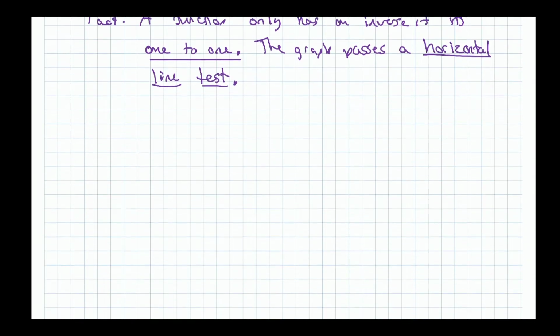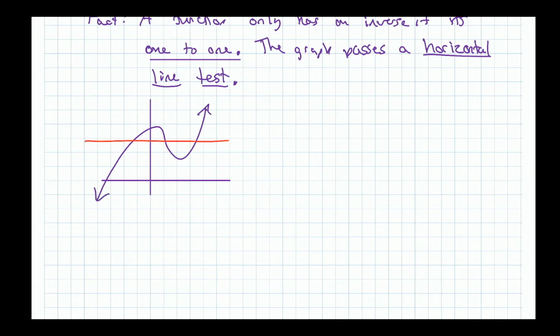Very instructive, right? So the thing is that a function that does not have an inverse would be something like this. If you draw a horizontal line through this function like this, you'll see that it hits in 3 places, right?